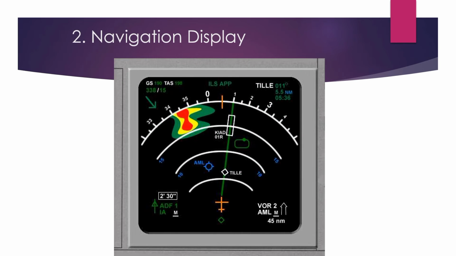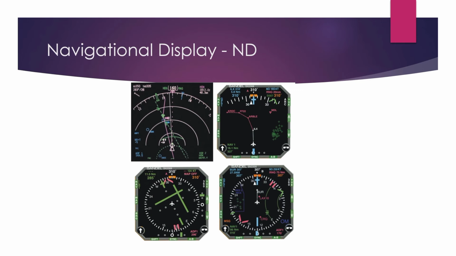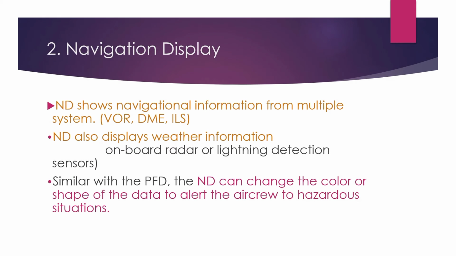Second, we'll see the navigation display, ND. These are the displays. We can see this. Next, see the navigation display. Navigation displays show navigational information from multiple systems like VOR, DME, ILS.